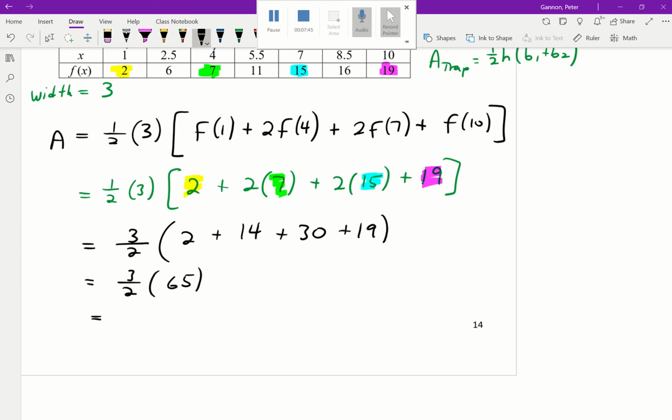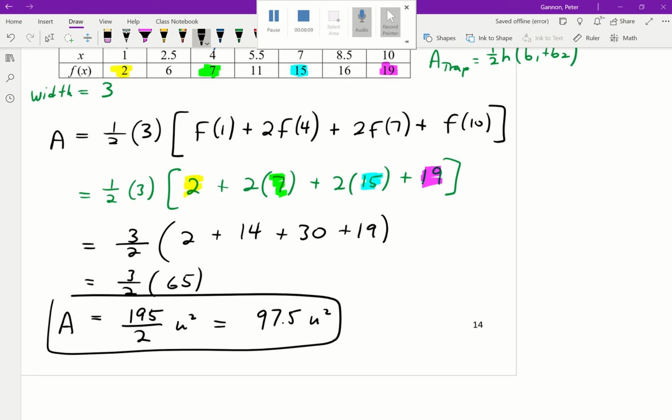So let's see, 65 times 3, is that 195? So we have 195 over 2, which would be a perfectly acceptable answer. If you did divide by 2, obviously you could write that as 97.5. Not necessary to do that, but again, you might put your answer that way.